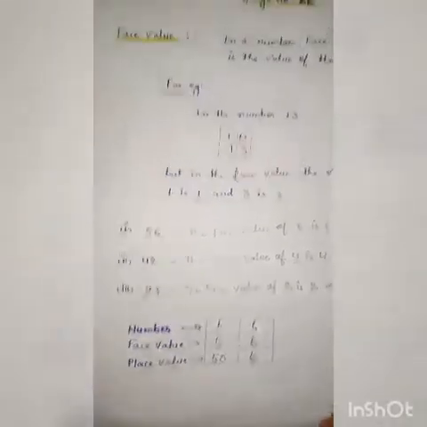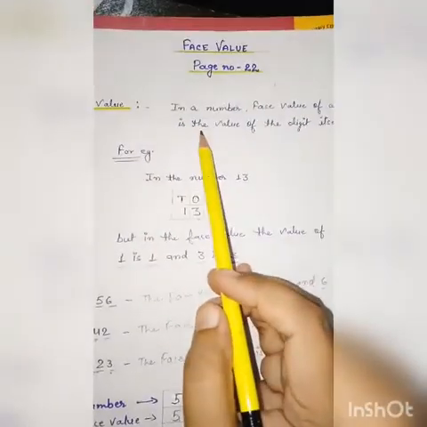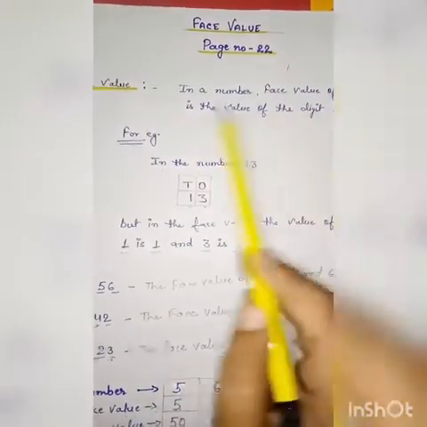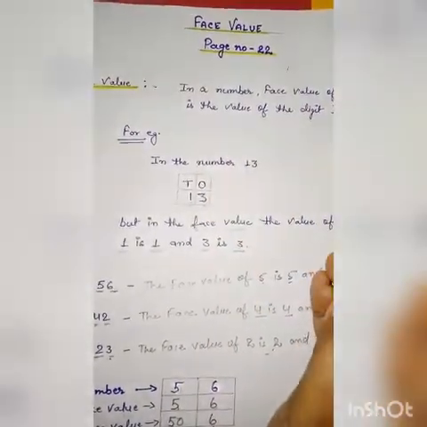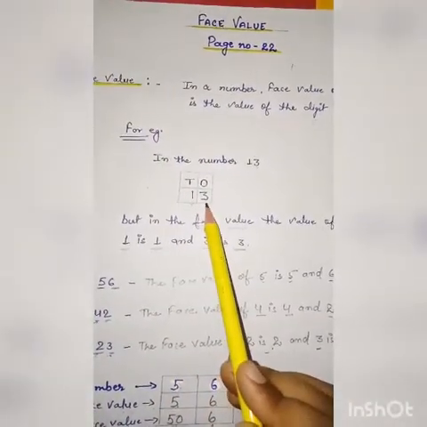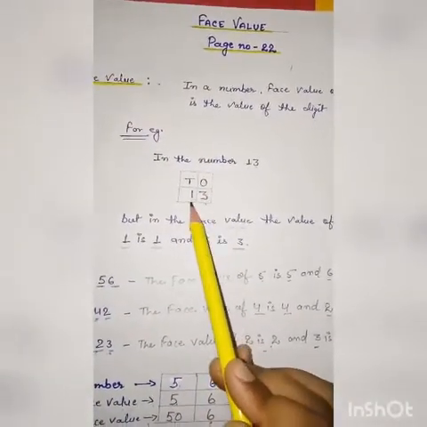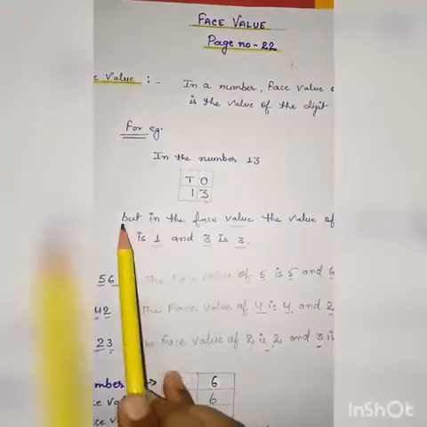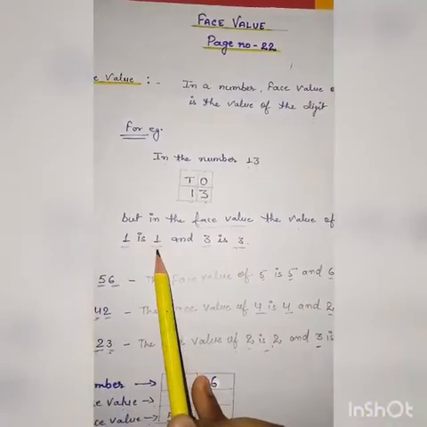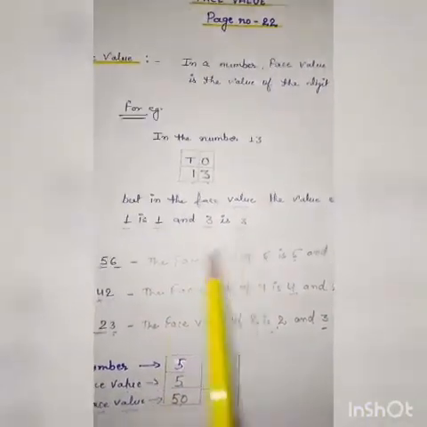So let's take a revision. In a number, face value of a digit is the value of the digit itself. For example, in the number 13, 3 is placed in 1's place and 1 is placed in 10's place. But in the face value, the value of 1 is 1 and 3 is only 3.